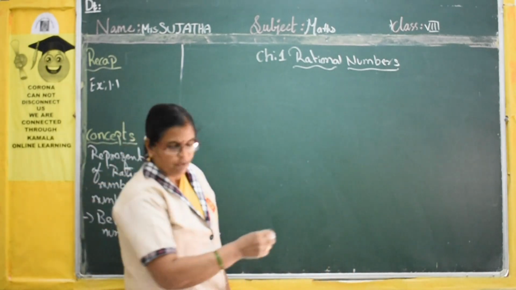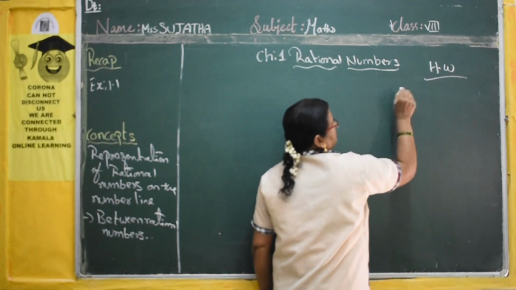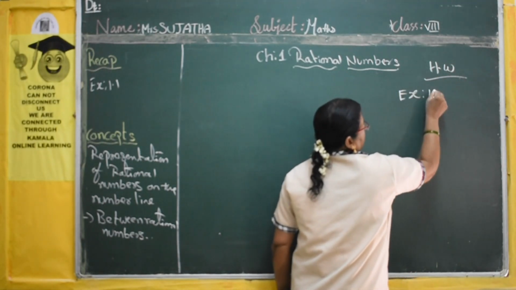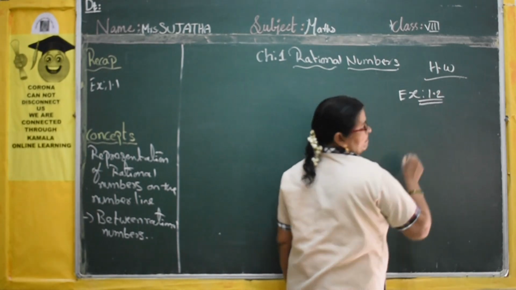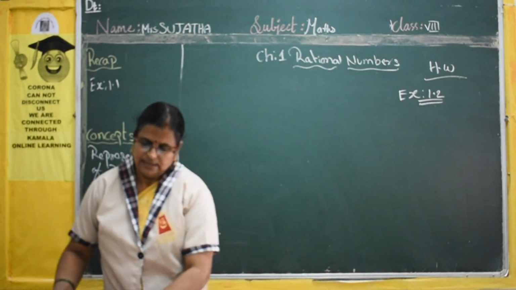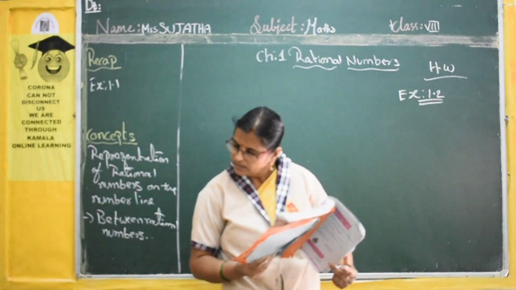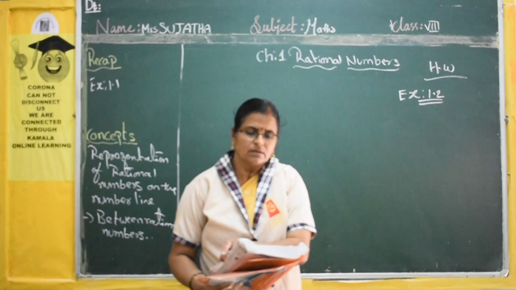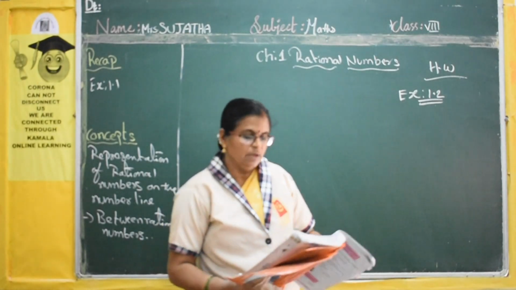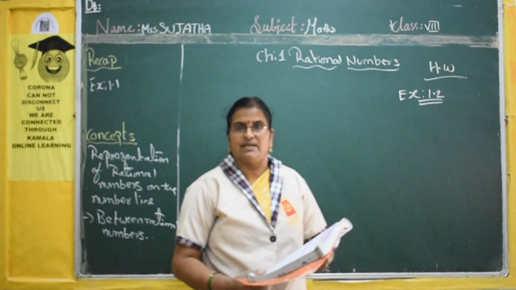See, in exercise 1.2 homework, first one: represent the numbers on the number line. First is 9 by 7.